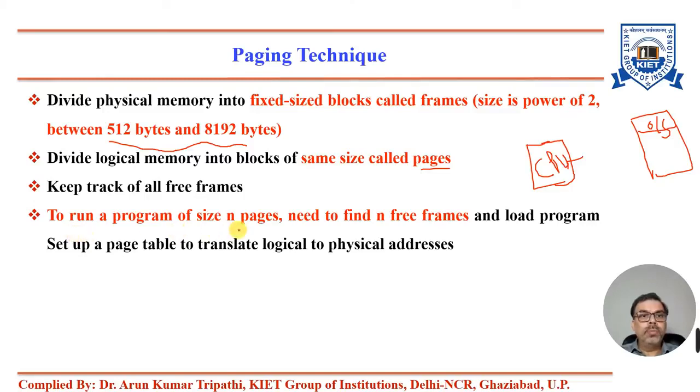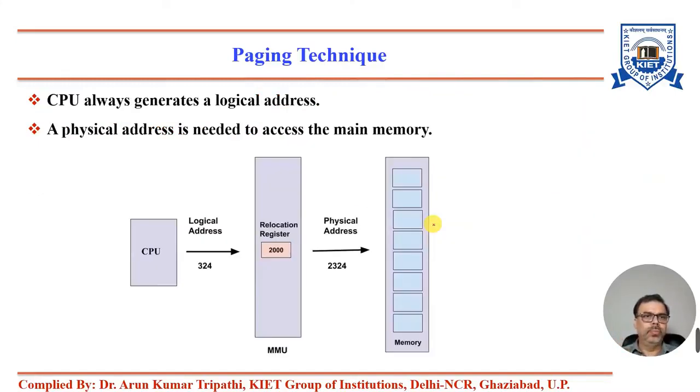To run a program of size n pages, it needs n free frames. As I was discussing, the size of the frame is equal to the size of the page. So if the CPU requires 10 pages, there should be 10 frames in the physical memory.